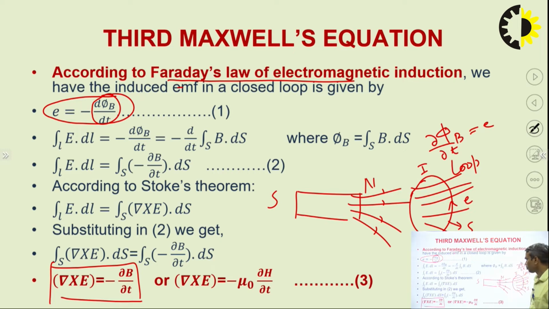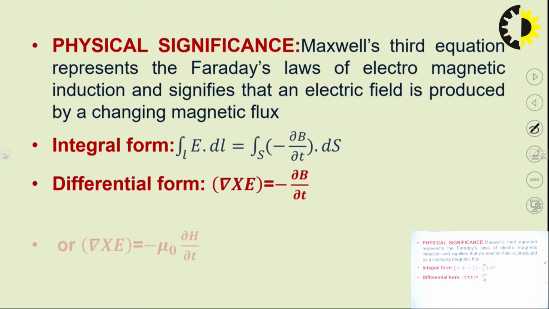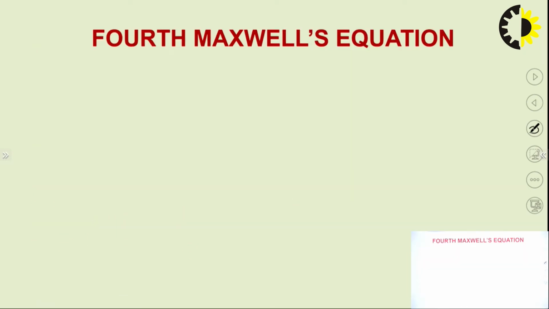B is equal to mu naught H, so B is known as magnetic flux density or magnetic induction vector, and H is known as the magnetic field intensity vector. So equation 3 is the third Maxwell equation, in integral and differential form.